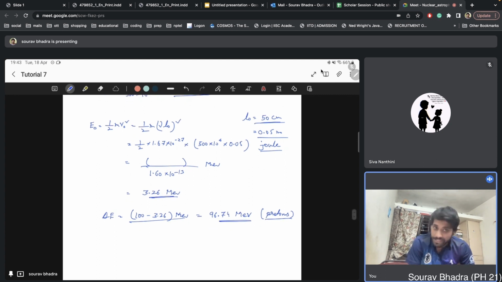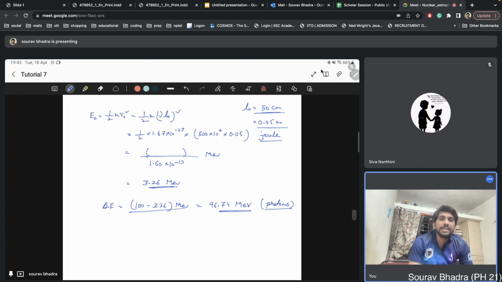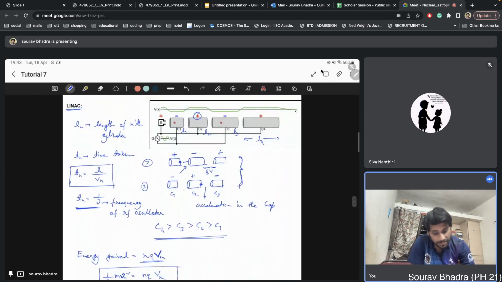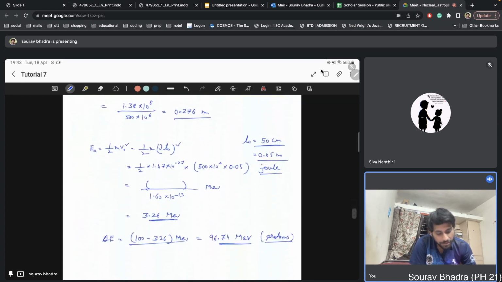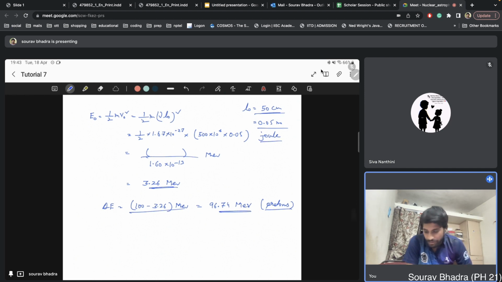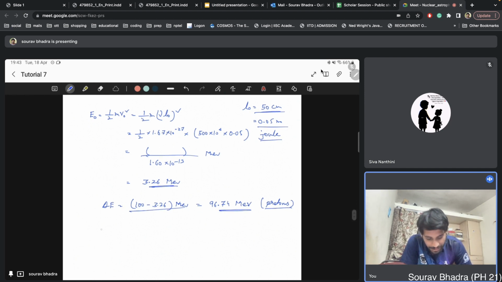Now this energy gain has happened due to the acceleration in the different gaps, right? Because I have told you that the energy gain is happening in these gaps. So if the energy gain is 96.74 MeV, we can calculate how many gaps there are in that particular linear accelerator, because the increase in energy in each gap is QV.